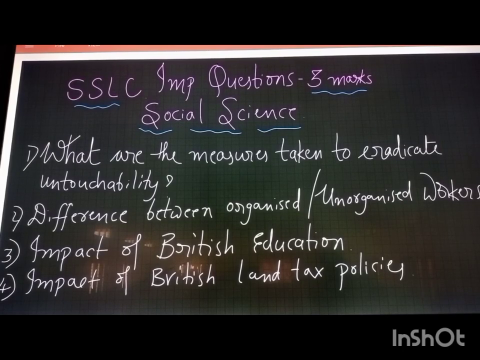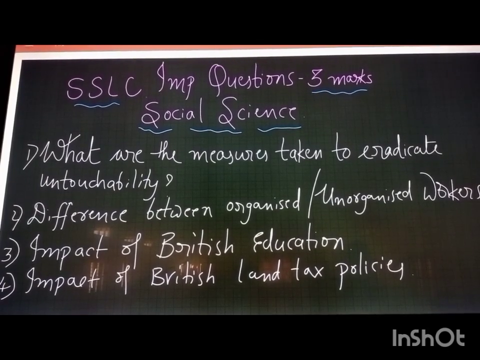Unorganized workers do not enjoy these facilities. They do not have fixed wages, they do not get particular medical facilities, and no leave facilities. Examples of unorganized workers are farmers and footpath sellers. So this is the difference between organized workers and unorganized workers.